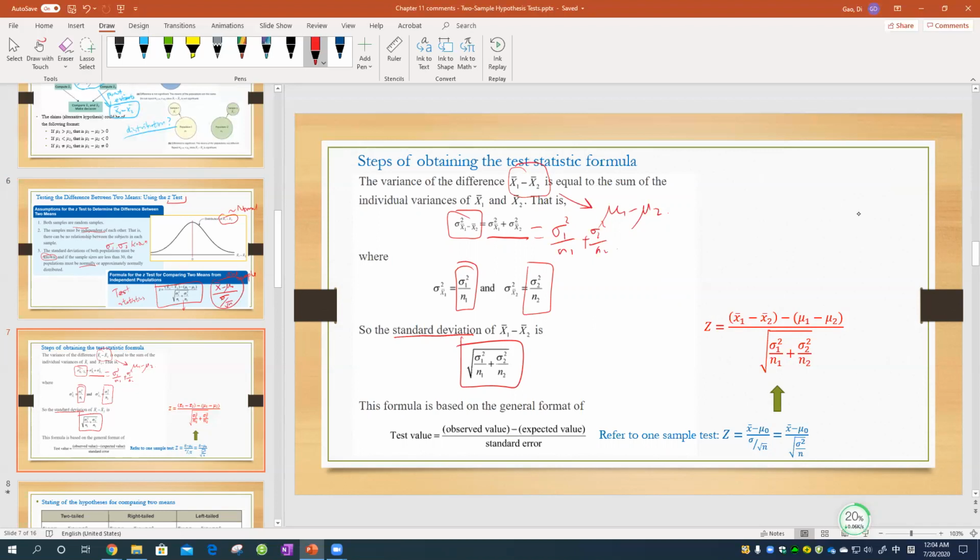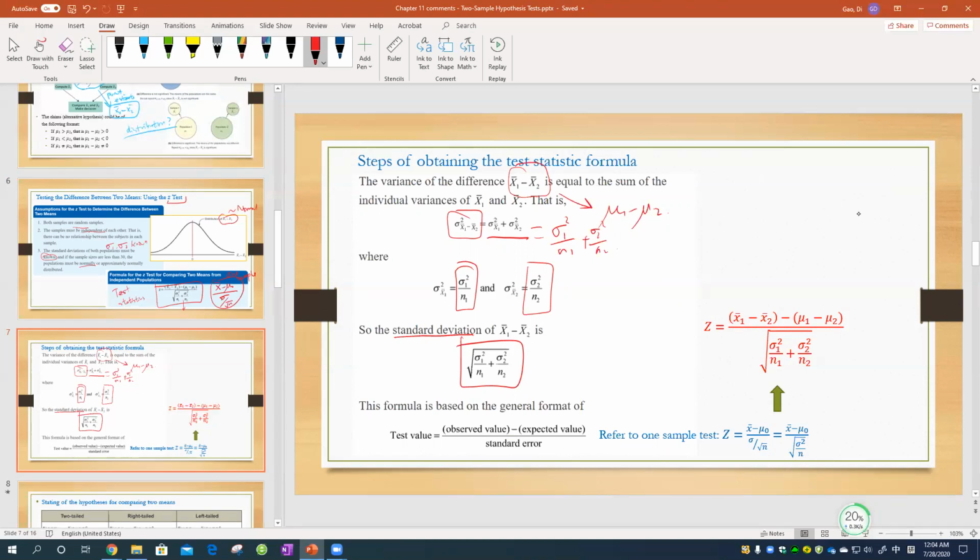Then the test value or test statistic always equals the standard score, right? The standard score is the observed value minus the expected value divided by the standard error. If we look at the one sample case, we have x bar minus mu naught divided by the square root of the variance, and the variance is sigma squared over n.